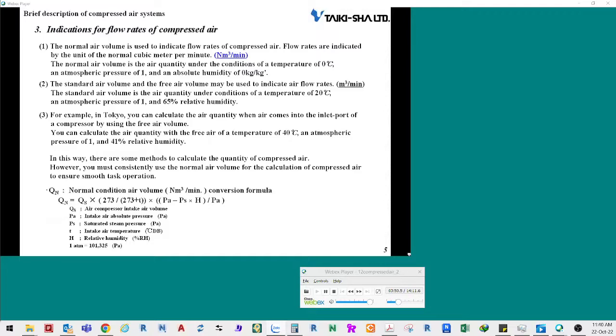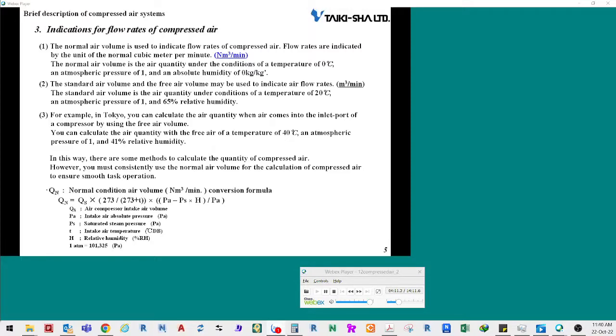The standard air volume and the free air volume may be used to indicate airflow rates. The standard air volume is the air quantity under conditions of a temperature of 20 degrees Celsius, an atmospheric pressure of 1 and 65% relative humidity.